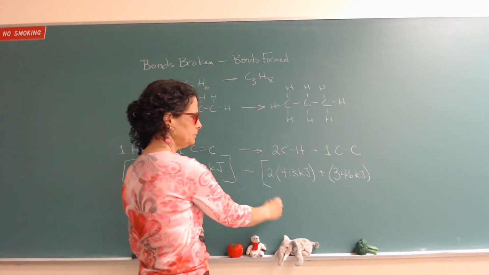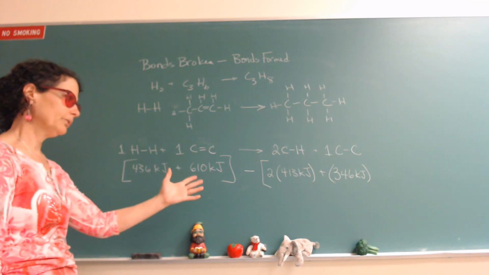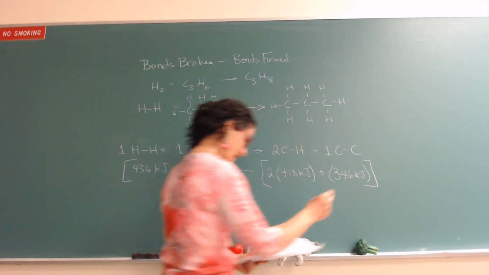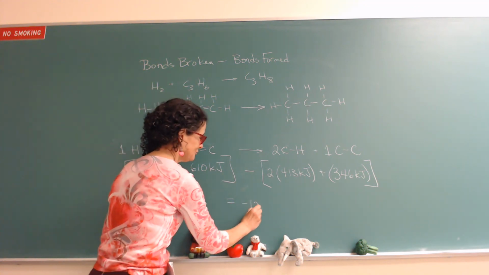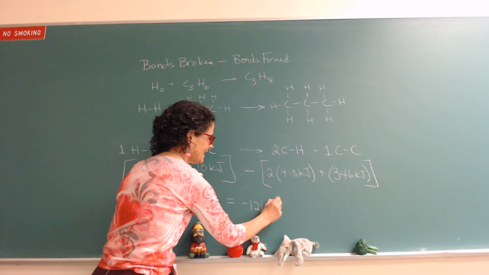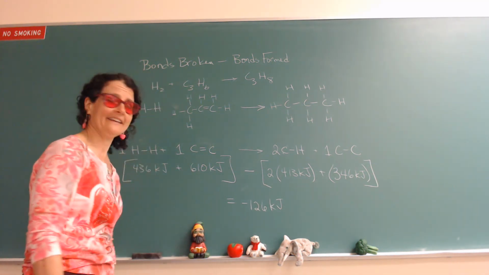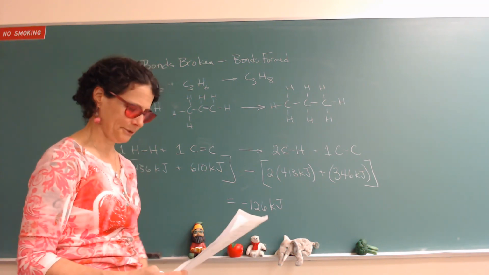This would be the 2 moles, and this would be kilojoules per mole. You can write the word in moles, but as long as it's lined up like that, and we punch it in, what I have from previous years is our answer is negative 126 kilojoules. Now, I know some of you will do this math, and hopefully I have it right. I don't have any red mark in there, so we're going to assume everything's great.